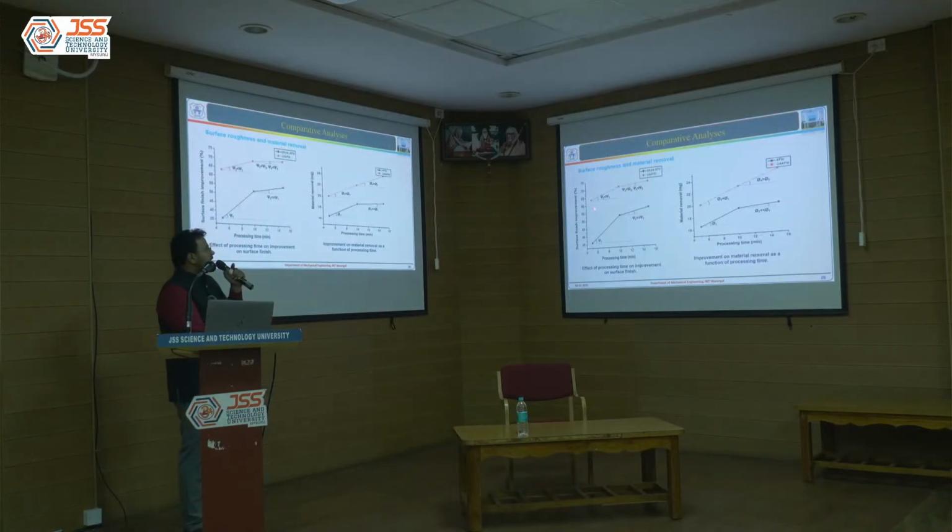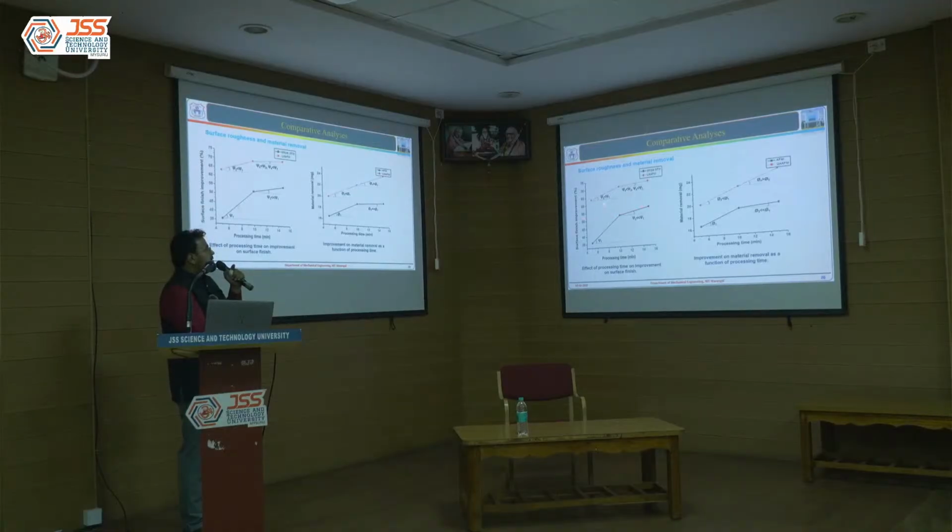The result shows an interesting observation. On the y-axis you can see surface finish improvement and on the x-axis processing time. When the processing time is increasing, it follows an increasing trend in both cases. With 5 minutes of processing time in simple AFM, we could achieve only 35% improvement, and with 15 minutes, only 55%.